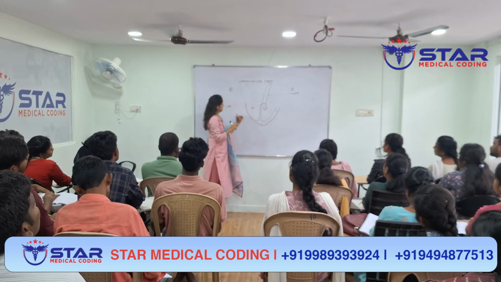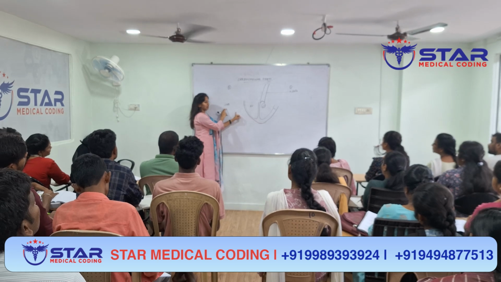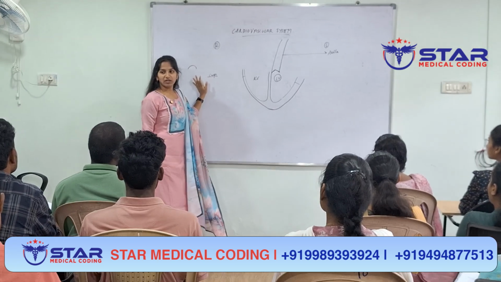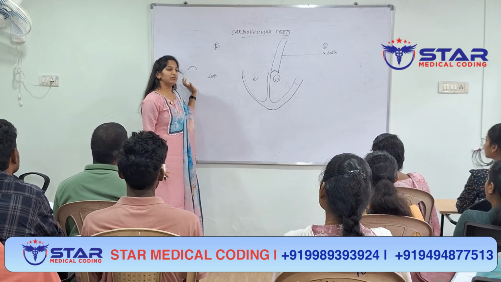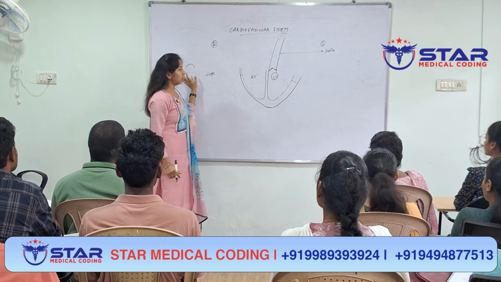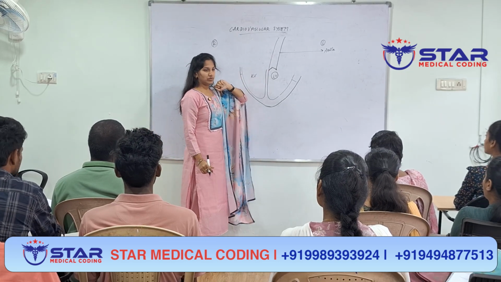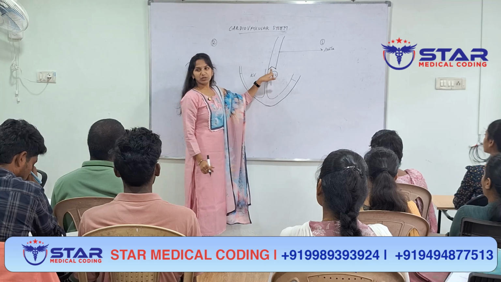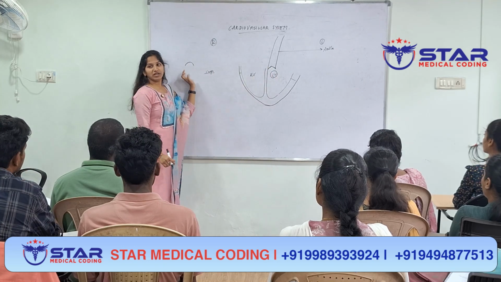These are the two cusps. Observe, half moon shape, right? Sometimes it is called the semilunar valve, or the aortic valve or semilunar valve. Since it is at the aorta, it is called the aortic valve or semilunar valve.